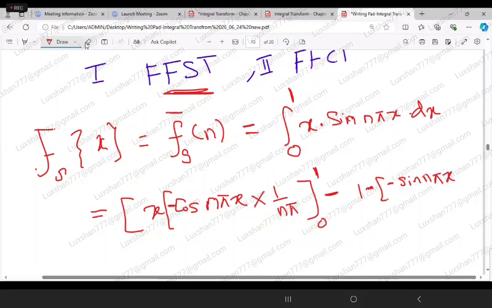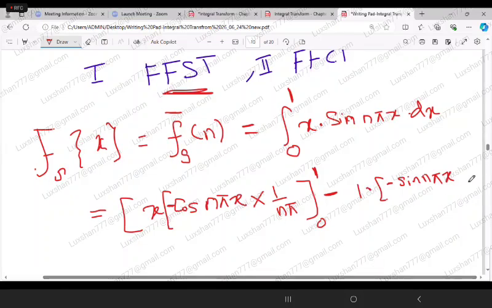So this is not minus. Let's utilize the space.